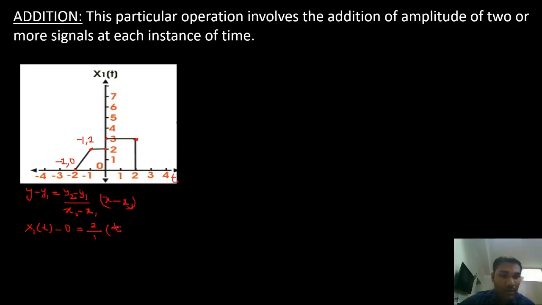So time t minus x1. What is x1? -2. Minus of -2 becomes +2. So x1 of t is equal to 2 into (t plus 2), that is 2t plus 4 in this range, -2 to -1.